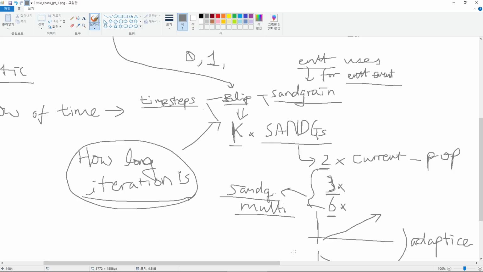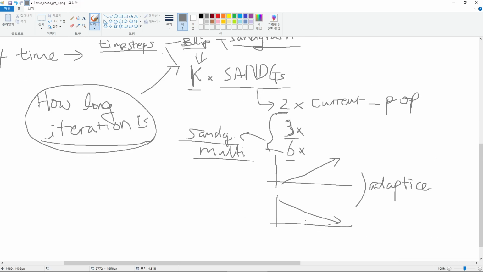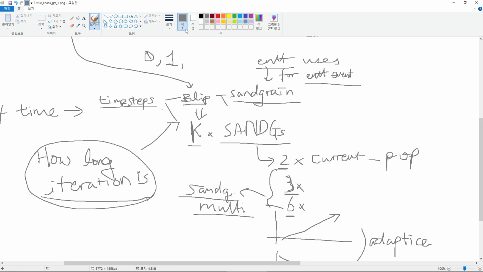Of course, I could just increase the number of blips. For example, if I started with 100, and had I wanted to give the entities more time to do their things, I could have increased it to 200, which I did, 300, 400, or 1000, doesn't matter.